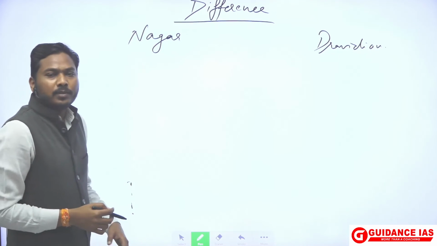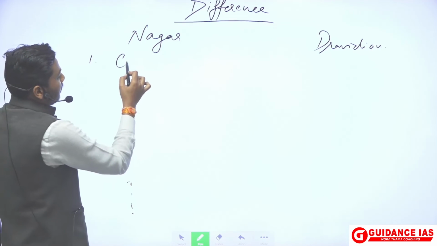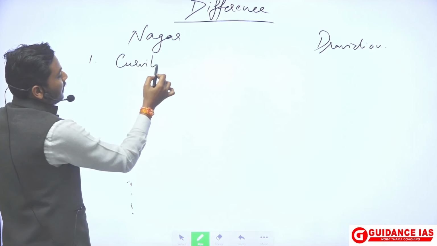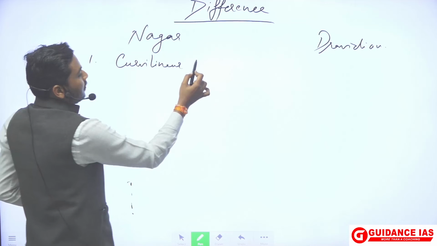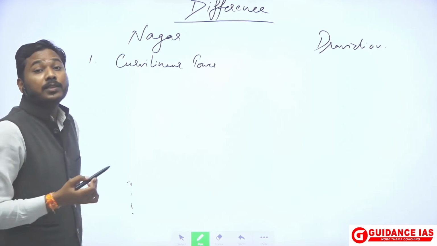Clear? And what is the difference? Number one, here, a curvilinear tower, which we call shikhar.